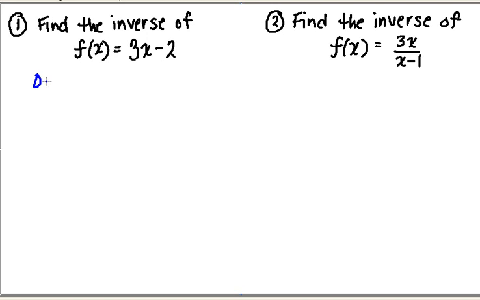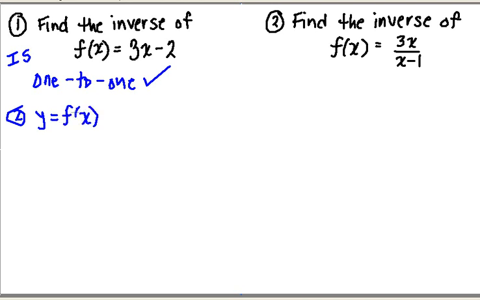So first of all, I've determined that it is one-to-one. Okay, so now we need to proceed to step 2. Step 2 says I need to solve y equals f of x for x. In other words, I'm going to solve y equals, in place of f of x, I'm going to put what my function is, which is 3x minus 2.